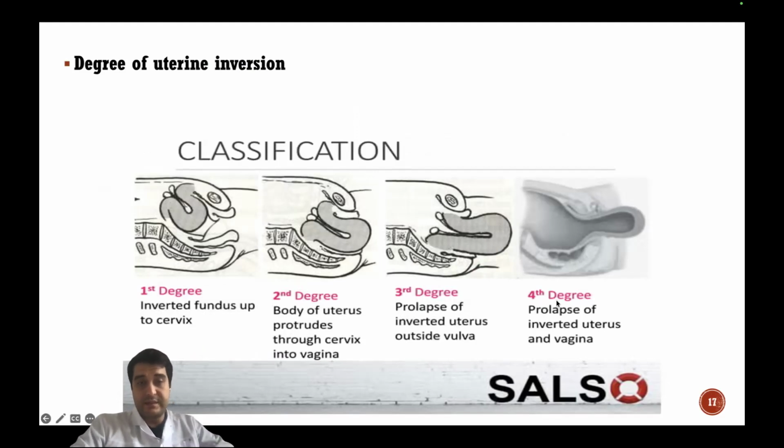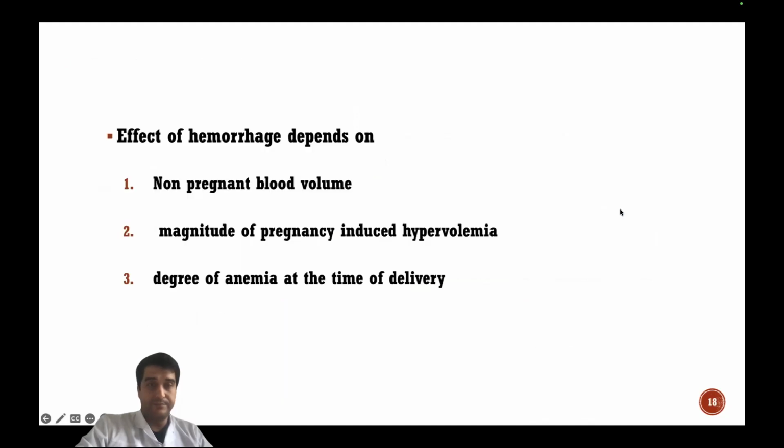By degrees: first degree, inverted fundus up to the cervix; second degree, body of uterus protrudes through the cervix into the vagina; third degree, prolapse of inverted uterus outside of the vulva; and the fourth degree is prolapse of the inverted uterus and vagina.